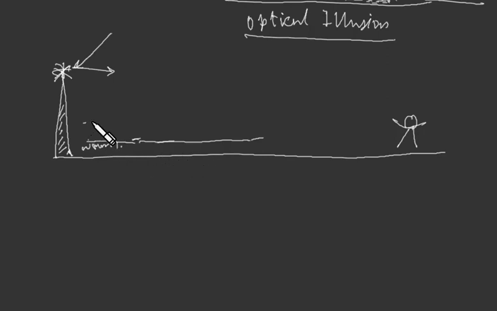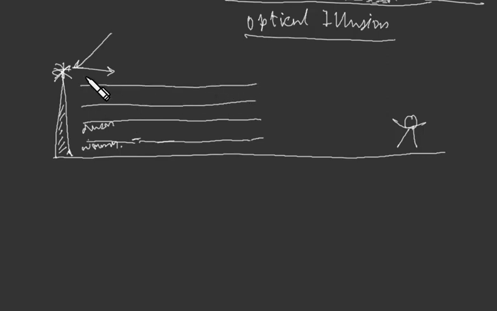If we go to the next layer of air, it gets a little less warm. That means it is a little bit denser. If we go slowly upward, the air density becomes denser and denser.